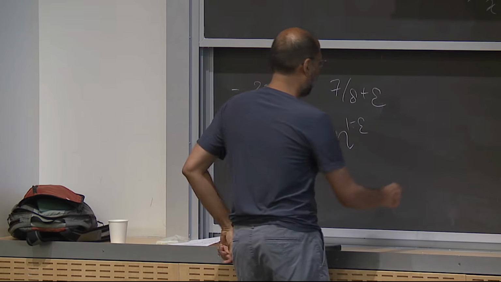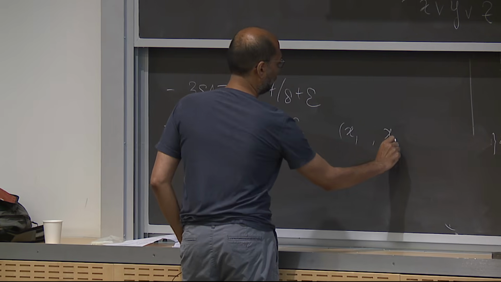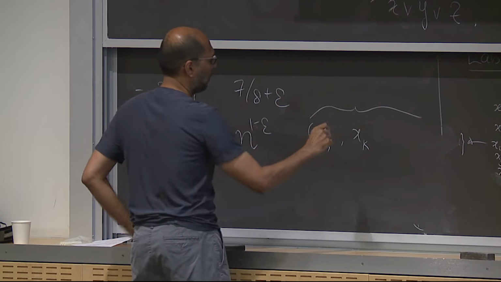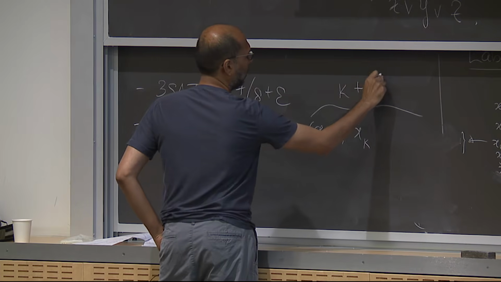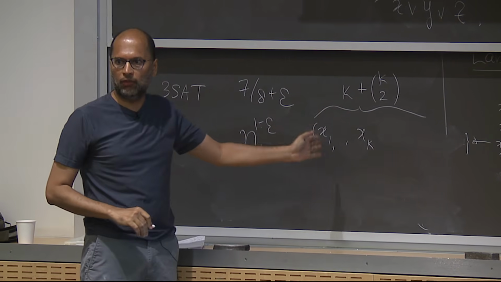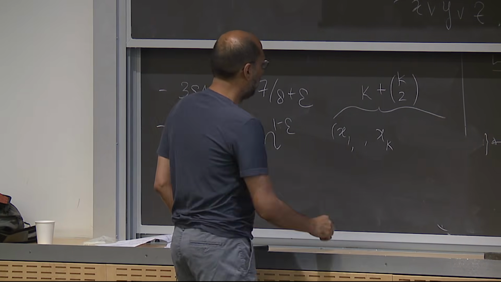So what you can show is the following. Consider a CSP, so it's variables and constraints. It's a constraint of arity k plus k choose 2. Think of k as, let's say, 4, so it will be 4 plus 6.